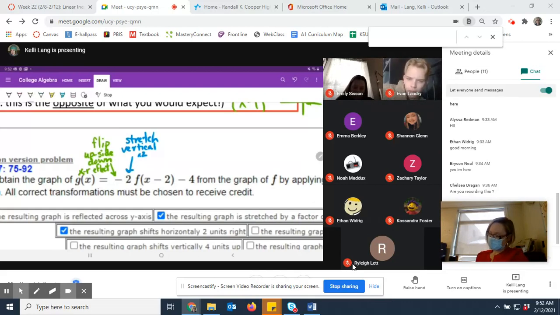The next piece is inside the function. The -2 is inside the function. So this is a left-right shift. And since it's inside the function and we're shifting left or right, it is the opposite of what you would expect. So a -2 is going to move right 2 units.